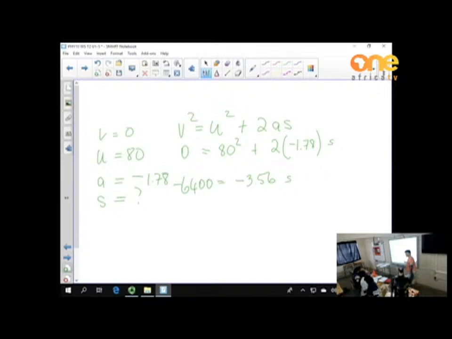Can you see? Now it's easier to solve for S, because here I'm multiplying. Are you with me? So if I take it across, I have to divide. So I have minus 6400 divided by minus 3.56 is equal to S. What's the answer?